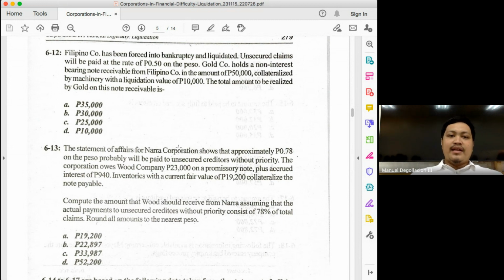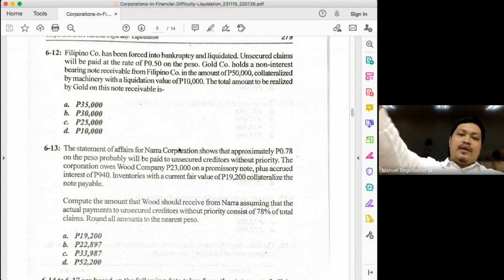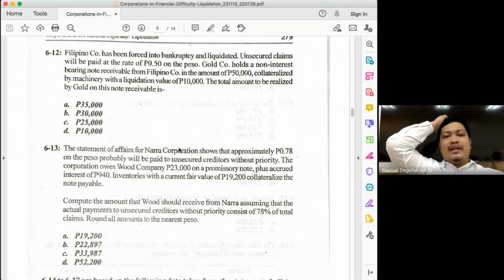Gold company holds a non-interest bearing note receivable from Filipino company in the amount of 50,000, collateralized by machinery with a liquidation value of 10,000. The total amount to be realized by gold on this note receivable is, so basically, class, this note is what kind of liability?